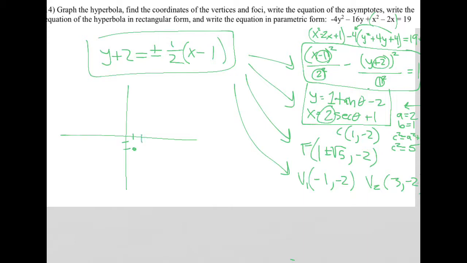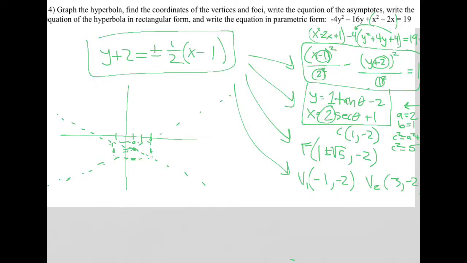That's telling me from x go 1, 2, and go 1, 2 that way. And the 1 in front of my tan is telling me from the center go up 1 and down 1. And now I can see my box like that. I can dash in the asymptotes which run diagonally through the corners of that box.